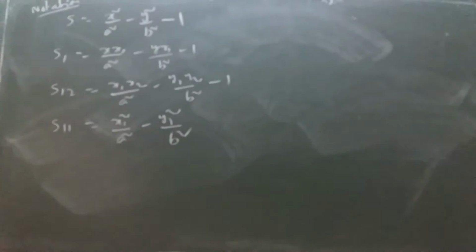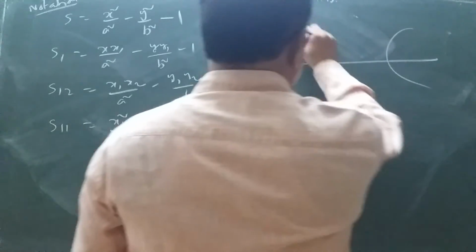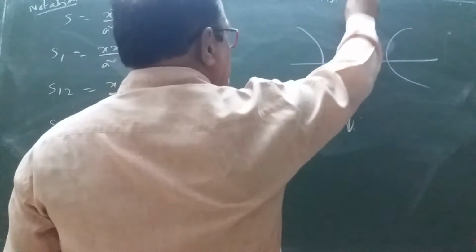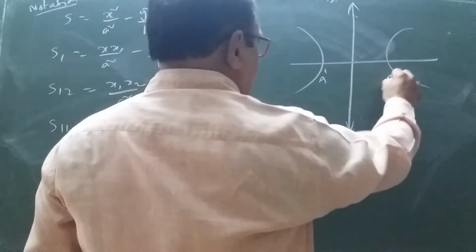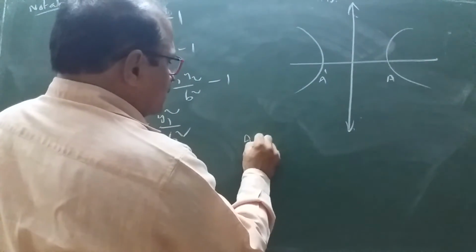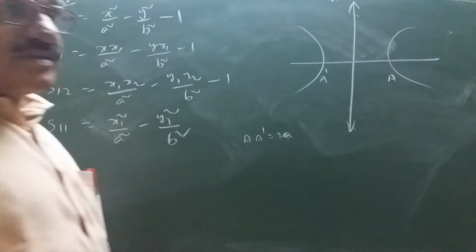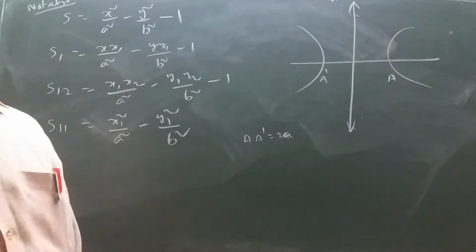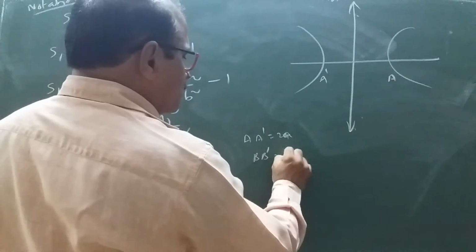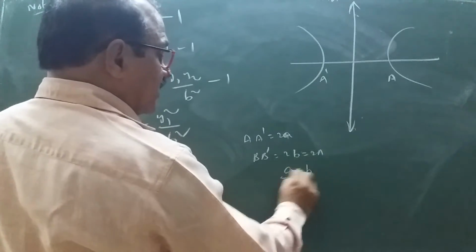So if there is a hyperbola like this, AA dash is equal to 2a, we know that, and also if BB dash is equal to 2b is equal to 2a, then a is equal to b.